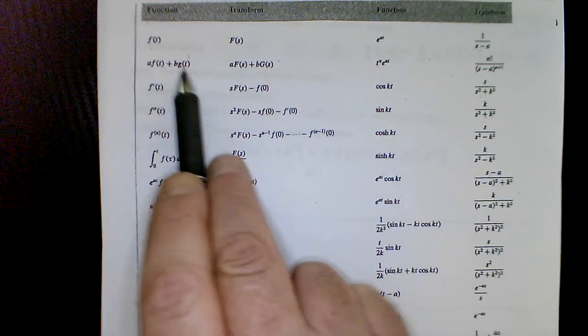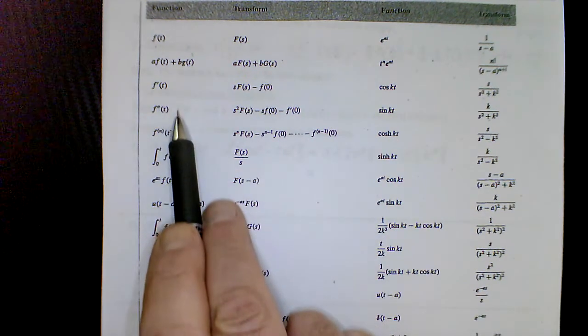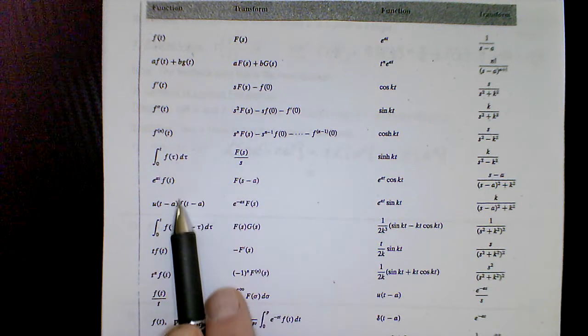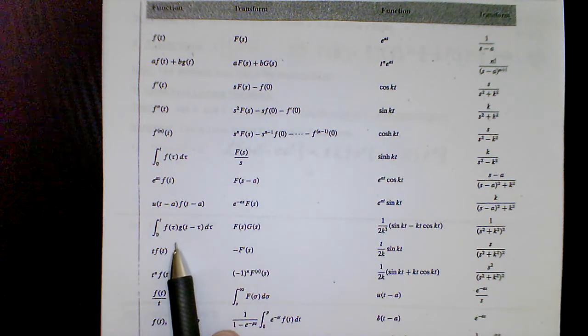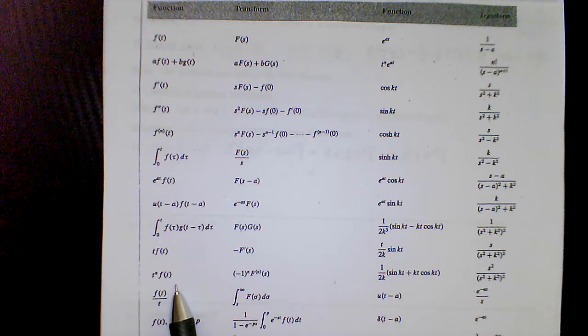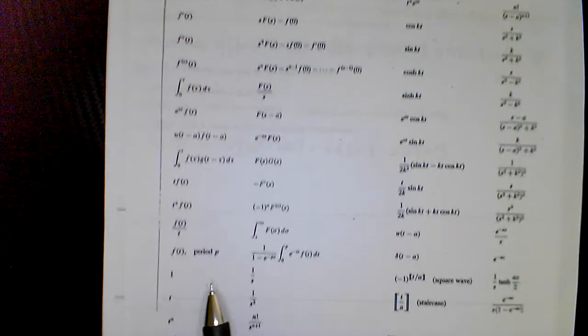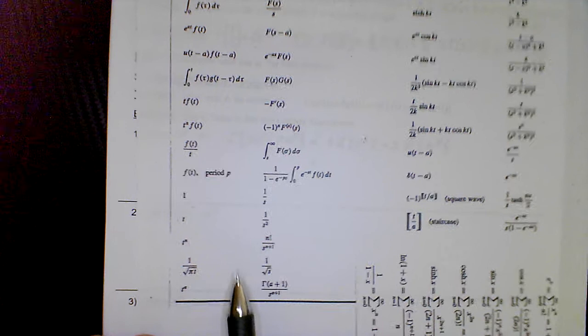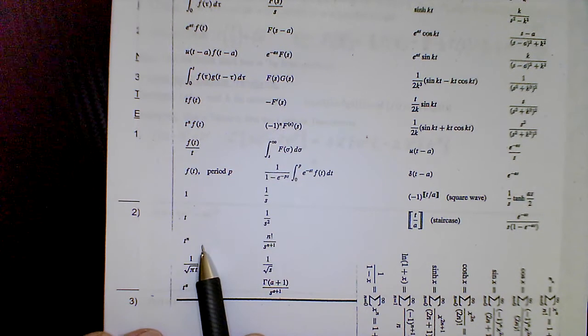And so we're looking for t to a power. And so, looking amongst the lists, okay, here's t times f of t. Here's t to the n, but times f of t. That's not what we're looking for. Oh, look at it toward the bottom here. There's t to the n.